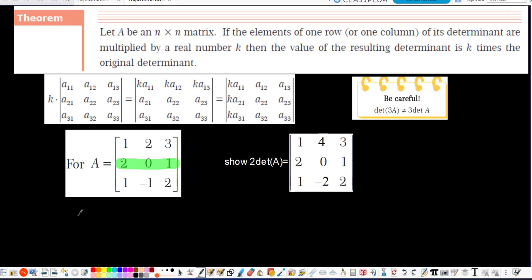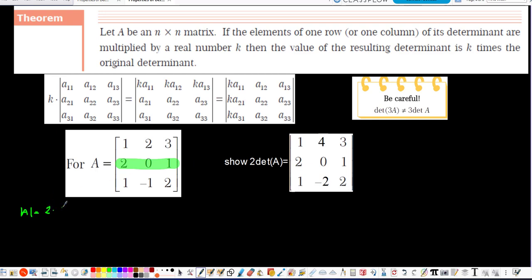The determinant of A is equal to, I'm choosing this row because in this row we have 0, or you can choose the column also, but when you have 0, it's going to be easier for us to calculate.